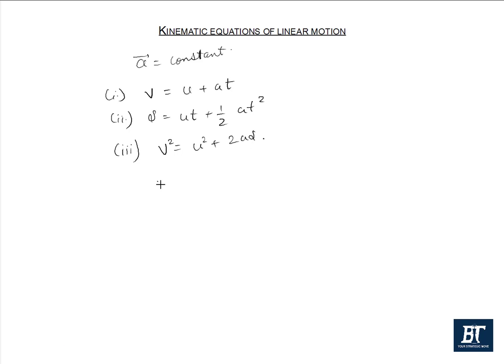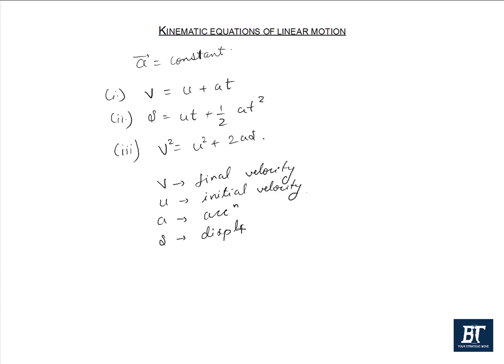In these equations, v is the final velocity of the particle, u is the initial velocity, a is acceleration of the particle, s is the displacement of the particle, and t is time taken by the particle.